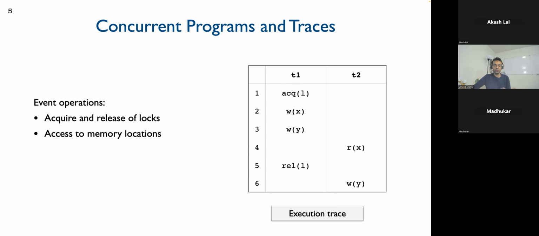For example, if you look at the first event, that is performed by thread T1, and it is an acquire operation on the lock L. Similarly, if you look at the fourth event, that's a read event on the shared memory location X, and that's performed by thread T2. So these are the kind of operations that you can have in your executions, and that's the kind of setup that I'm going to look at.